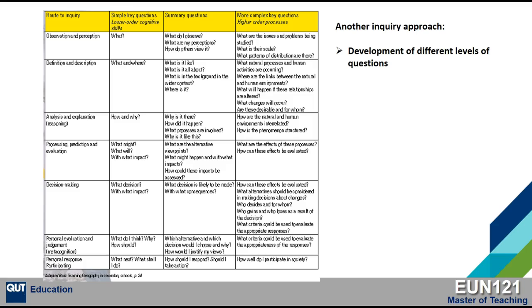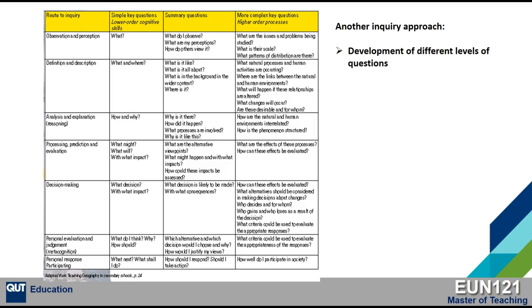Catering for various abilities is known as differentiation, or using quality differentiated teaching practices, which is something that you will look at in subsequent curriculum units. Take time and study the questions here, where you can see you go from lower order thinking to higher order thinking.